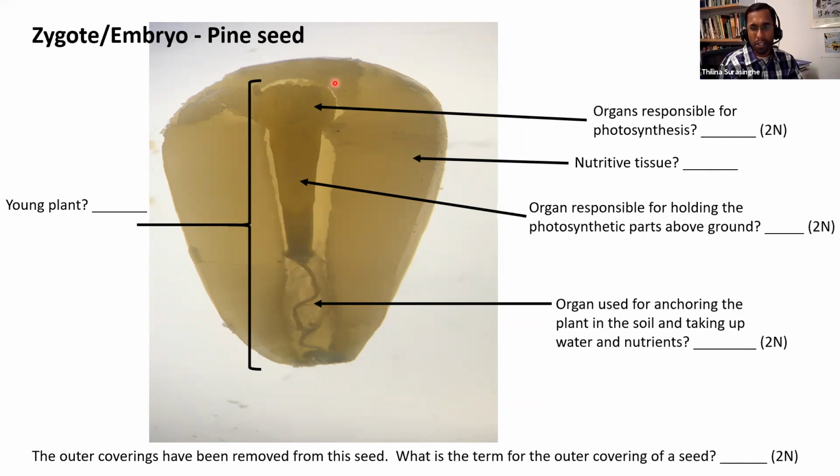They are called the cotyledons, but I don't want you to remember that term. I don't think it's even in your lab manual, but just saying the first leaves is good enough. Nutritive tissue, this entire part, what becomes the nutritive tissue?